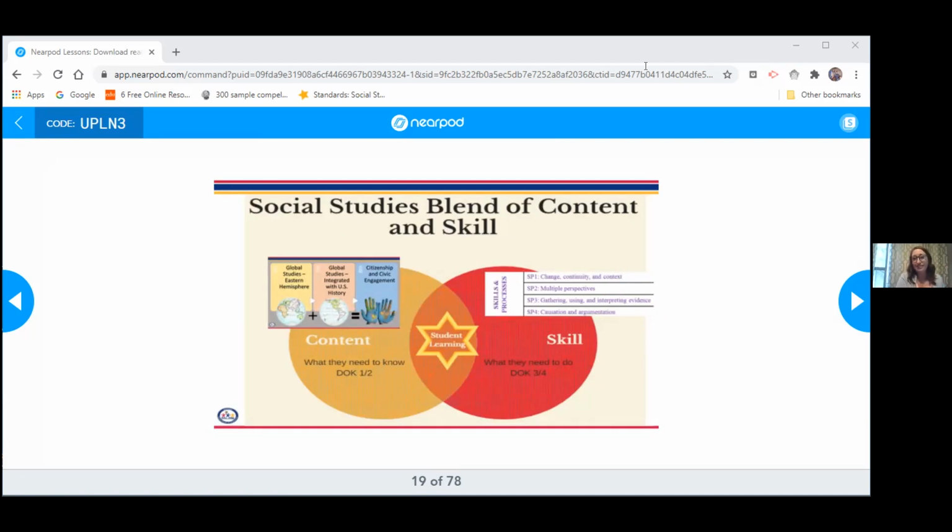And so that's why there was that shift in the content. Having that global connection right now in 6th and 7th grade will support your students in 8th grade knowing how to be that engaged citizen. And then we also are looking at those higher level thinking skills that exist in the standards. So the skills and the content come together to build that student learning and that engagement.